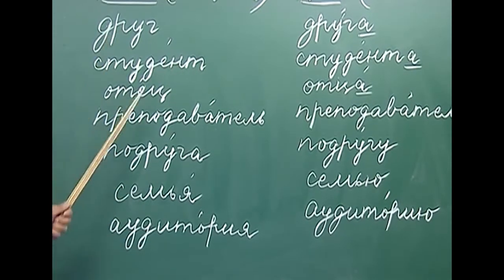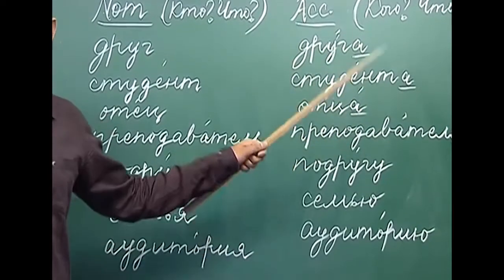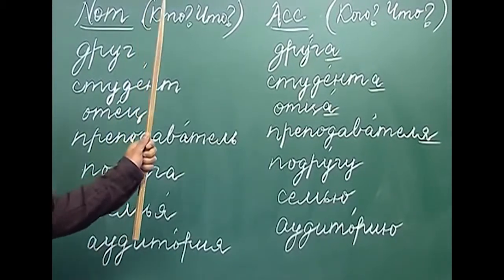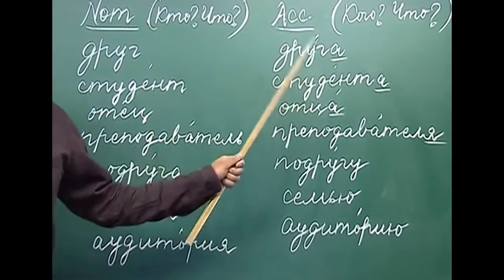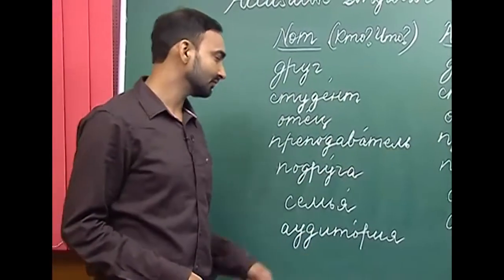So, what changes do we make in the masculine and feminine gender nouns? In masculine, we add а, which is a hard vowel, or я, which is a soft vowel. So, if the noun ends with a hard ending, then we add а, and if it is a soft ending noun, we add я.